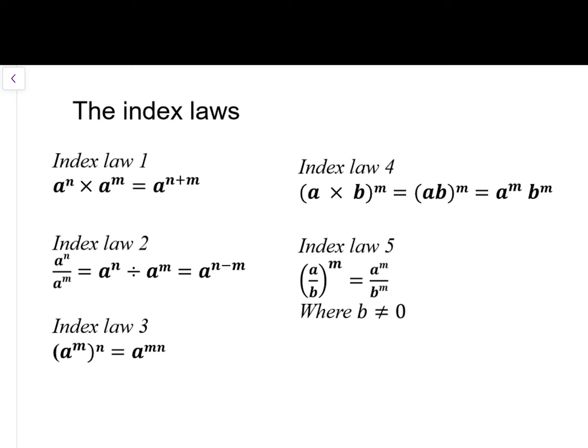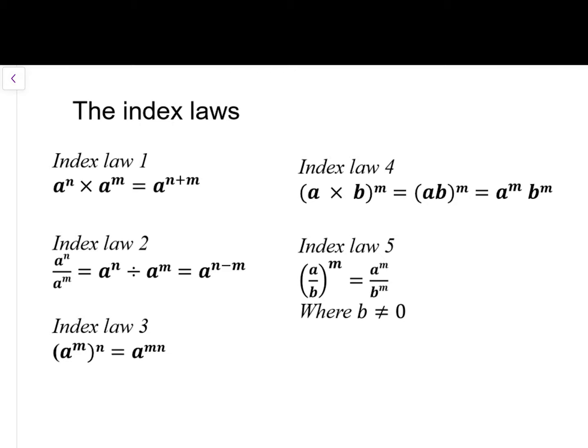Index law 3 says that if we have a power which is raised to another exponent, then the result is that these two exponents, the m and the n, are multiplied together. Index law 4 says that the base of a power consisting of two or more multiplied terms raised to a common index can be expressed as each of the terms raised individually to that index.